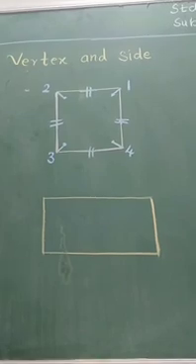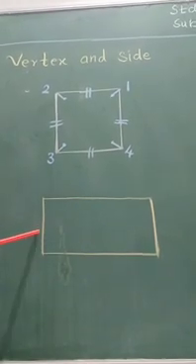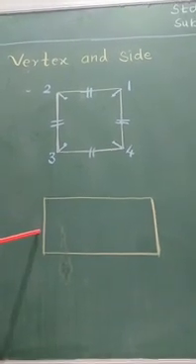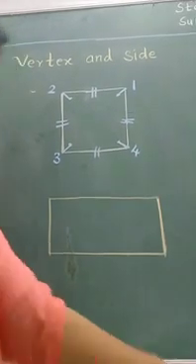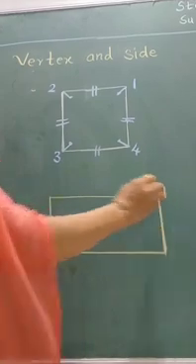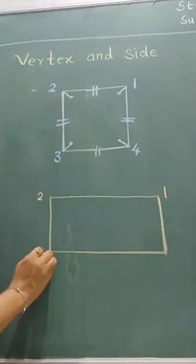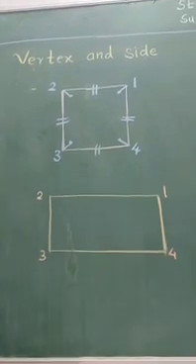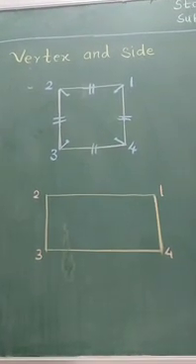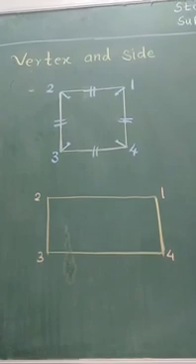Now let us see the next picture. See, this is the shape of a rectangle. Okay? Here also you can see how many corners are there. See here. This is first corner, second corner, third corner and fourth corner. Okay? These are the four corners of a rectangle.